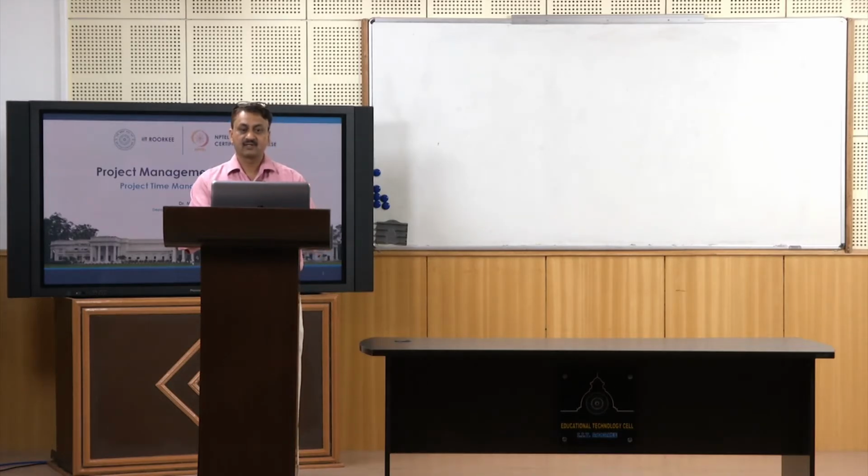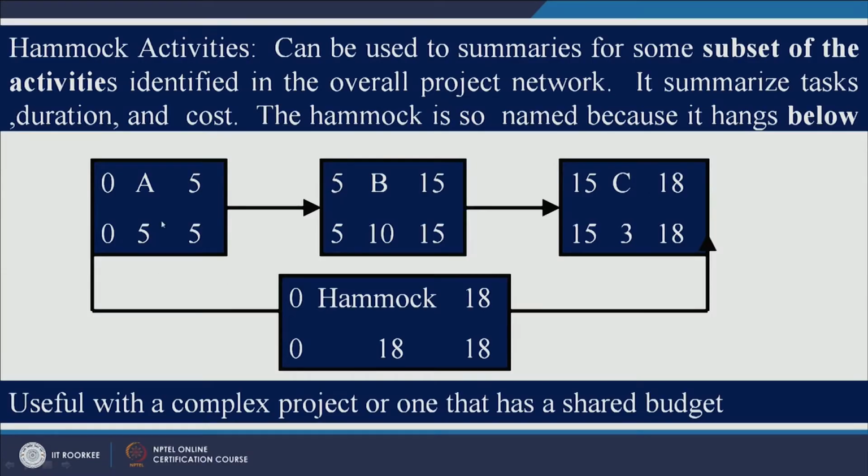So activities A, B and C: this one is taking 5 days, this one is taking 10 days, this one is taking 3 days. So the total duration is 18. So you can just combine all of them and hang them over here, in a project.